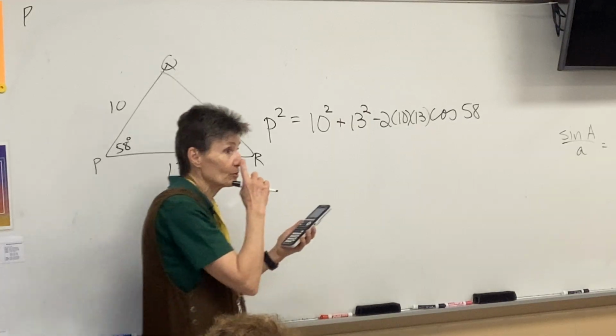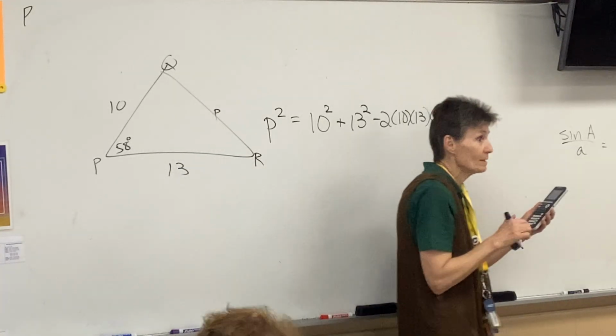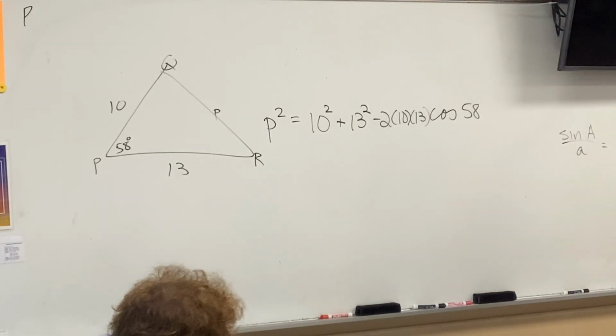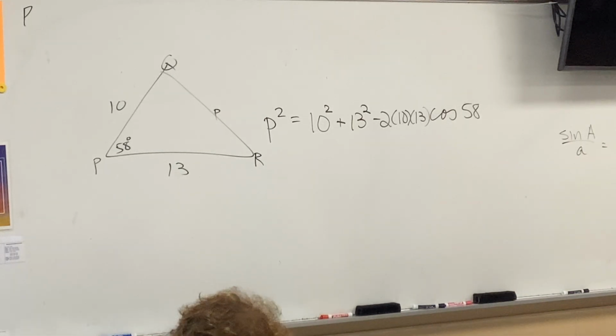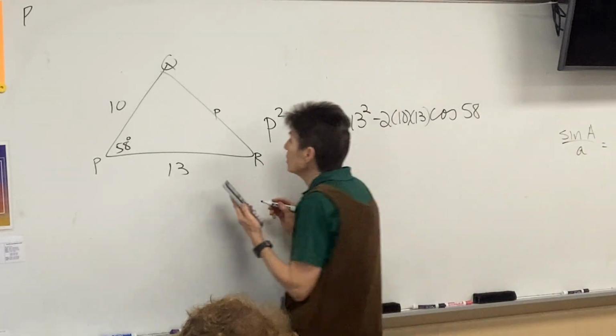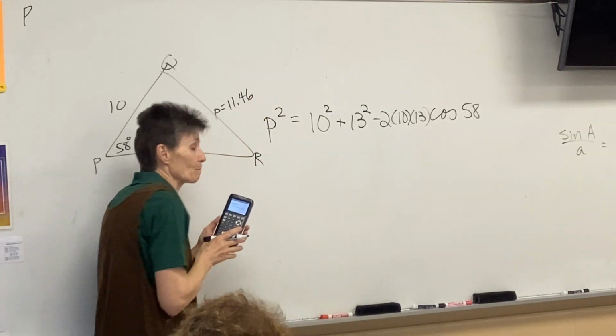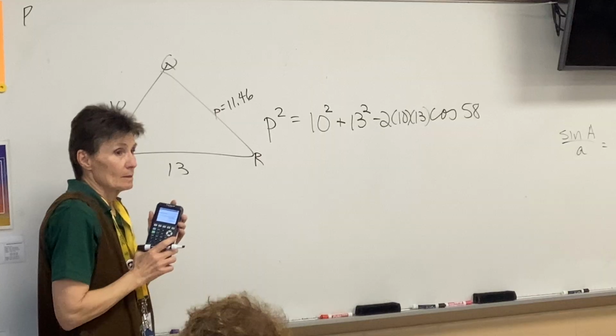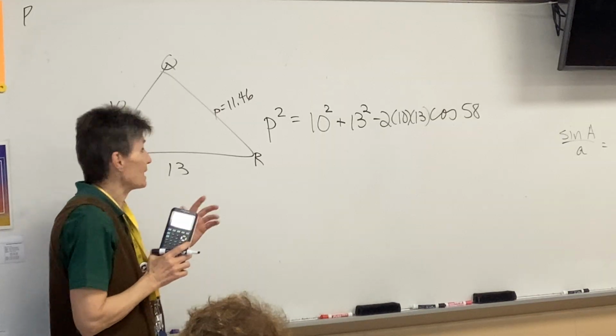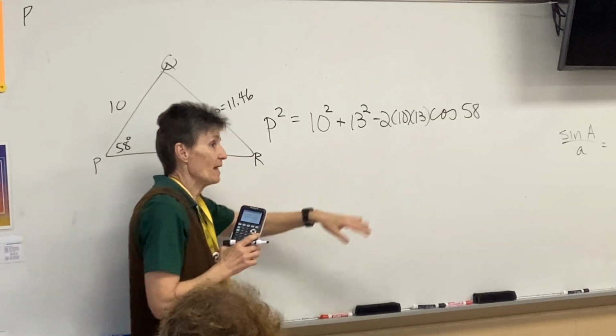And I got 131, just like I did yesterday. But what were we talking about just at the very end of class? We said you can't use the 131. You have to square root that number. And I got 11.46.